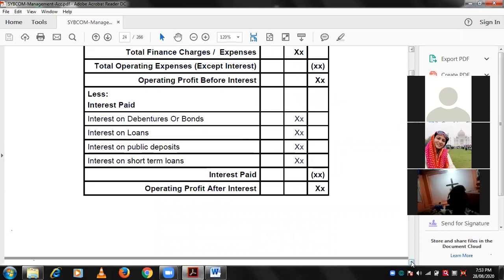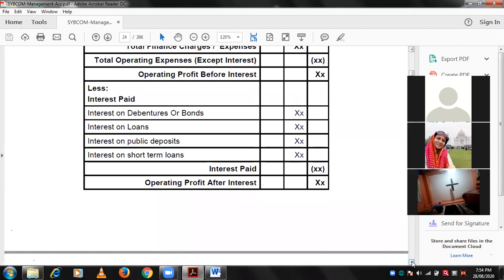Now we have to deduct the interest paid by the company on debentures, or bonds, or loans, or public deposits, or short-term loans. So all types of interest paid by the company are totaled here, and this total interest paid is deducted from the operating profit before interest, and we will get an operating profit after interest.